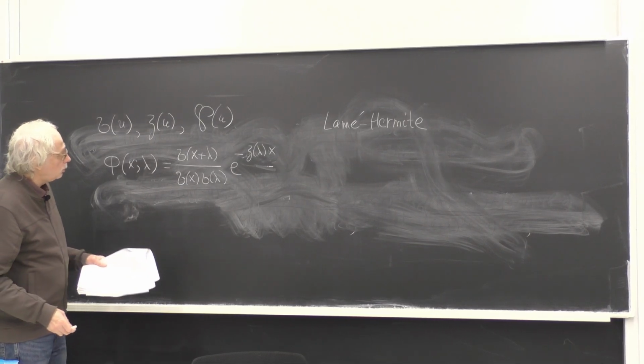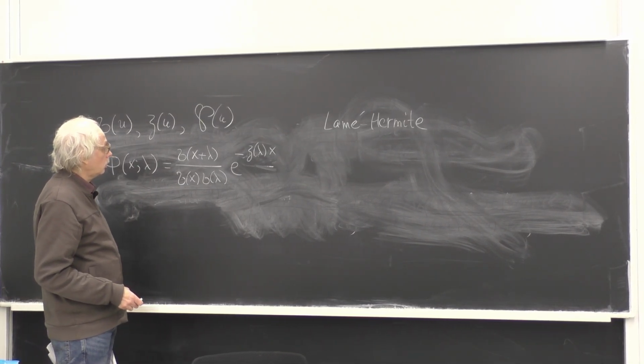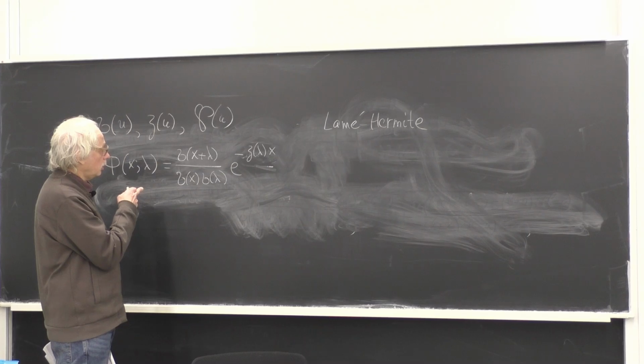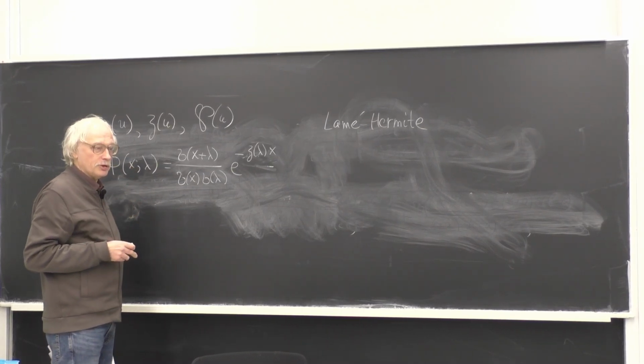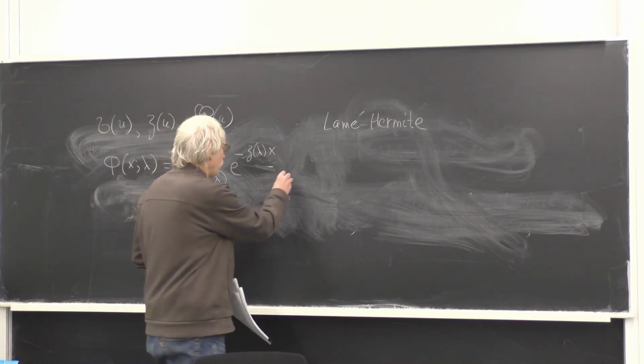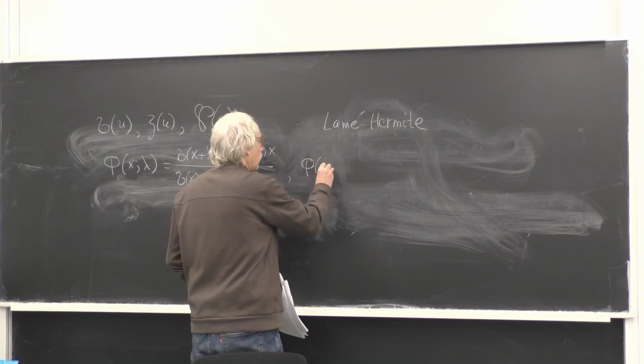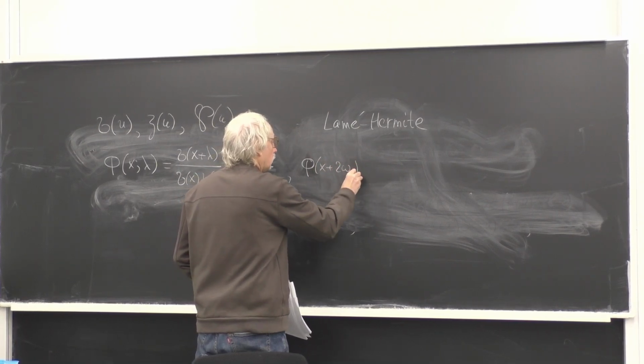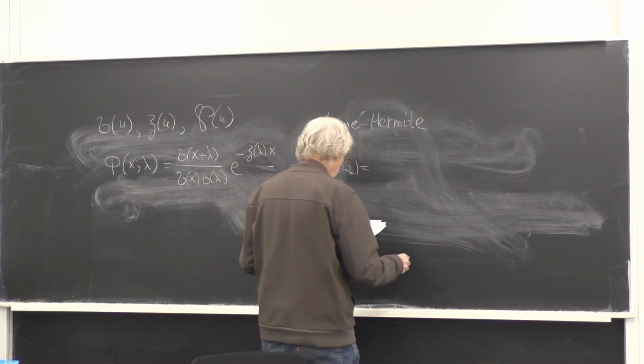This function is double periodic in lambda. But in x, it is not double periodic, and the monodromy property is like this.